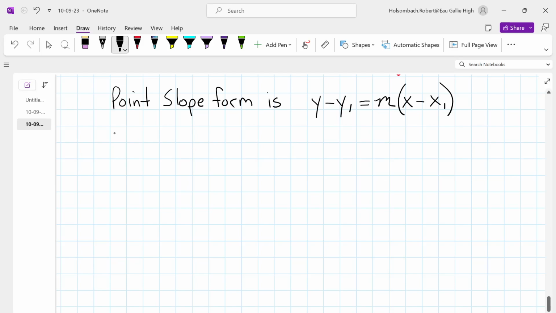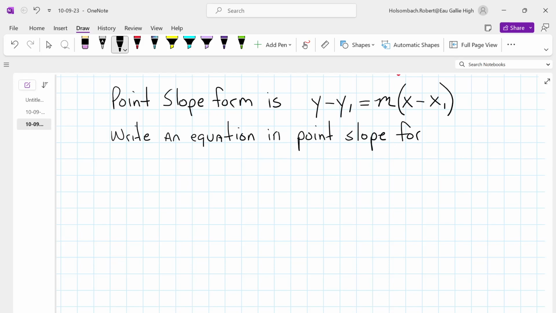So if we're going to write an equation now in point-slope form, and we're going to graph it again, you're going to be given the slope.